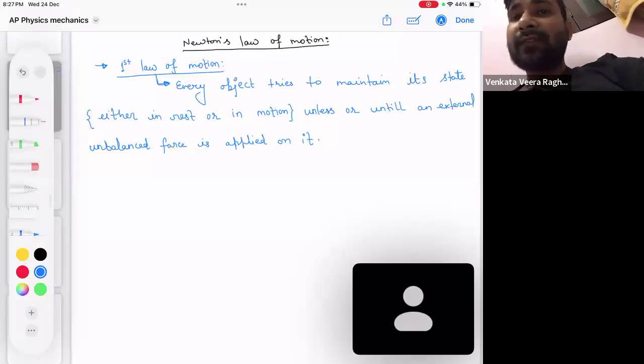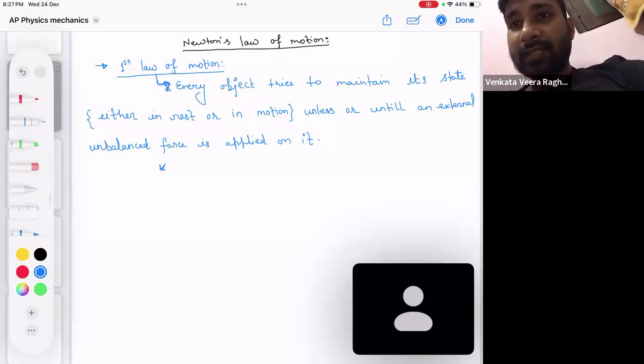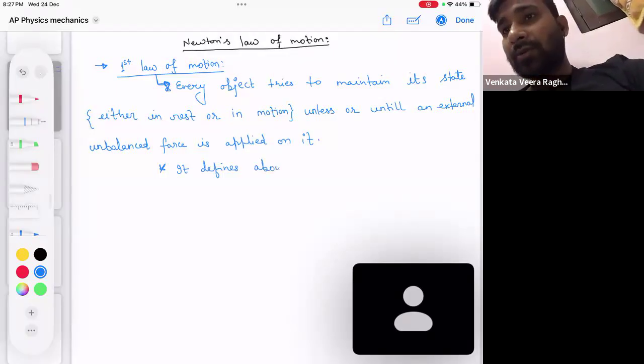So the first law of motion also defines the inertia of a body or an object.